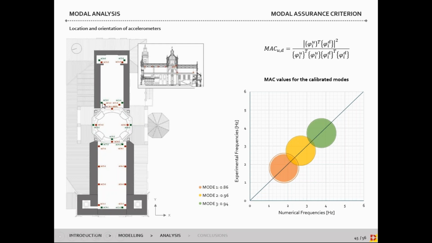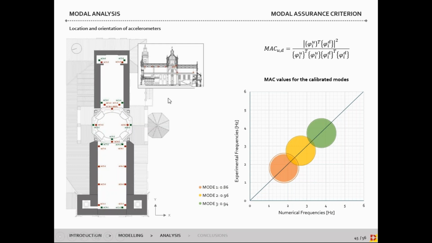In this case we have to check. We have as input the eigenvectors given by the accelerometers with the corresponding directions, and we want to have equivalent results for our nodes that represent the position of those accelerometers.